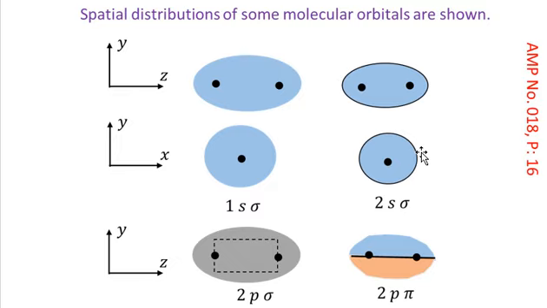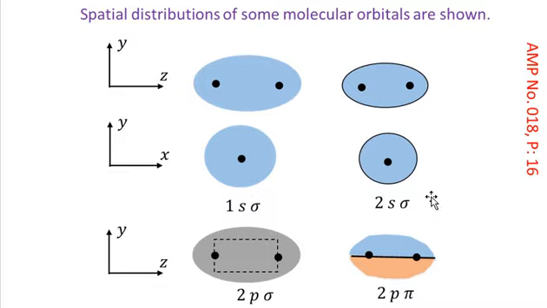And on the right hand side, I have 2s sigma. You can see that the picture is similar to the one on the left hand side, but of course reduced in dimension. And it has a specific boundary also. If you cut this ellipse on the horizontal x-axis, for example, over here, you will get this cross section of 2s sigma.